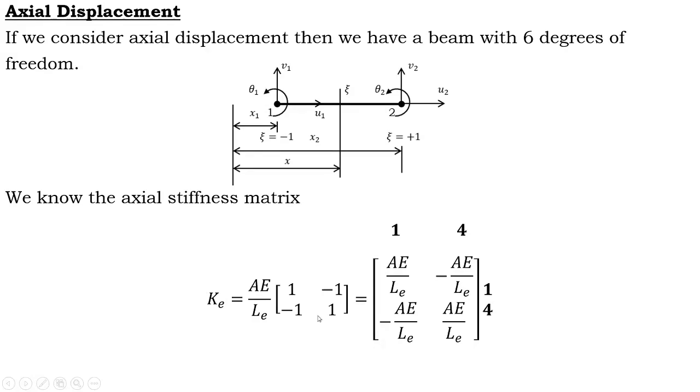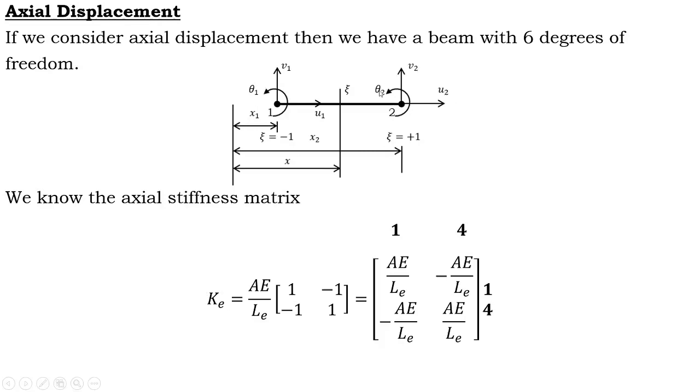Accordingly, I need to add those two matrices, that is, the stiffness matrix I obtained for the 2 degrees of freedom, and this one for only 1 degree of freedom. Therefore, I'll get the stiffness matrix for all 6 degrees of freedom. Similarly, this is 1 2 3, this is 4, this is 5, this is 6.